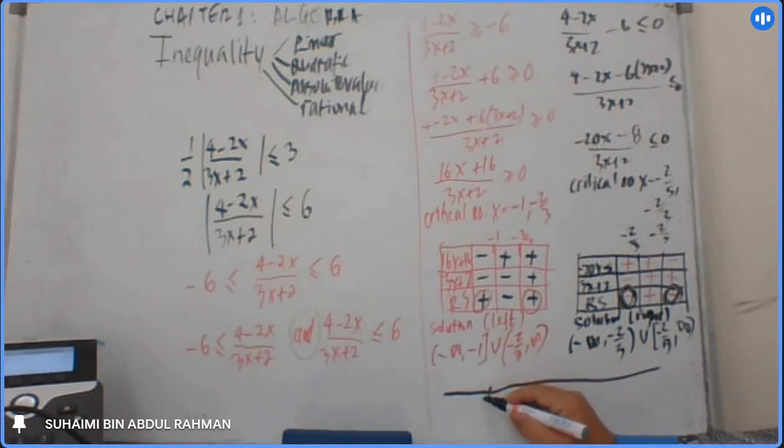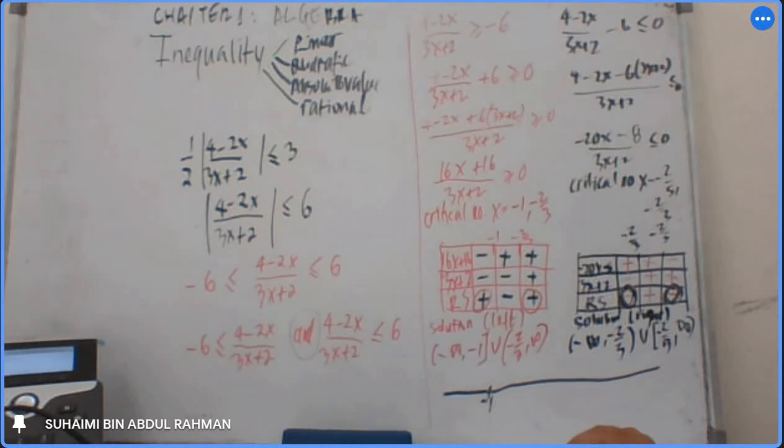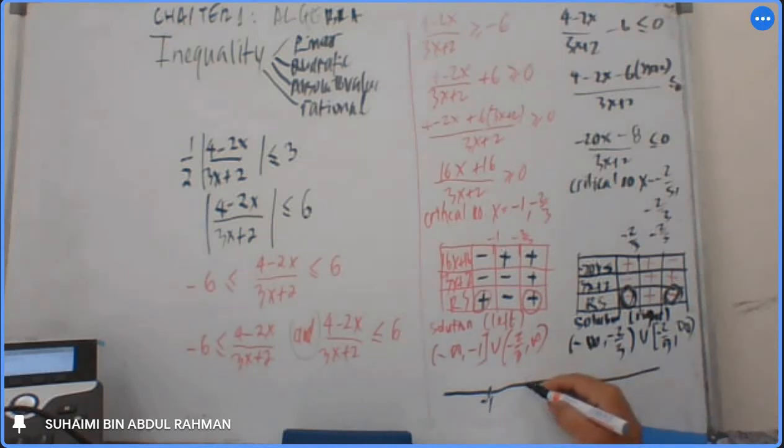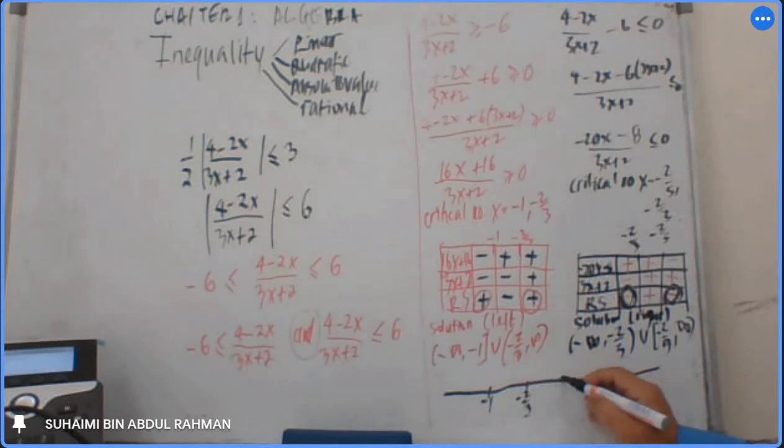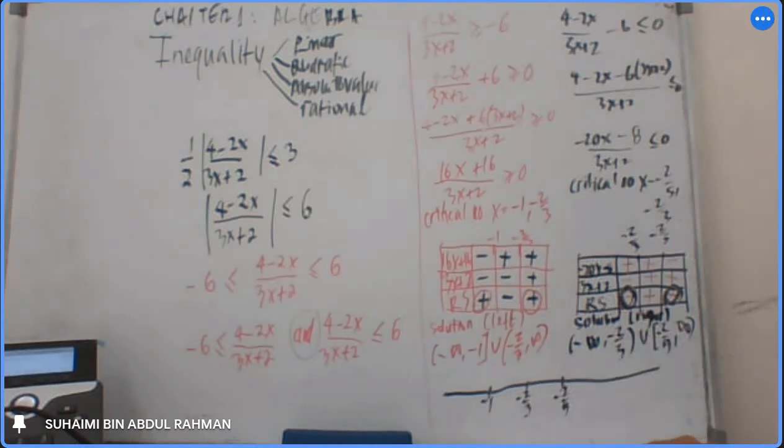Start with minus 1, because minus 1 is the smallest, and then minus 2 over 3, and then minus 2 over 5.